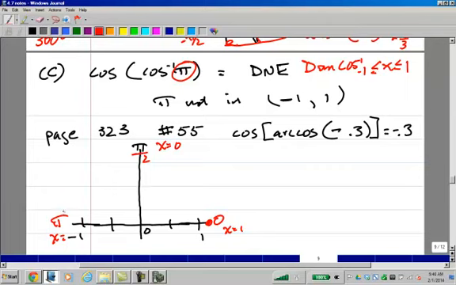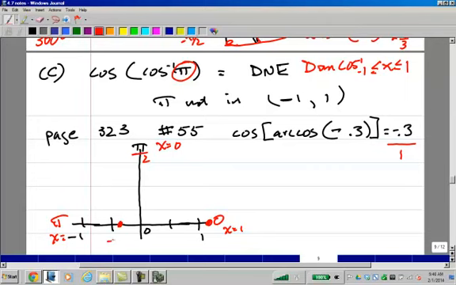Now, the cosine is the x coordinate. Remember, it's adjacent over hypotenuse. Here is where you'd have negative 0.3. It'd be right around here, because here's 0 and here's negative 1.